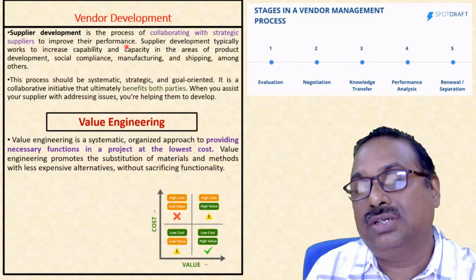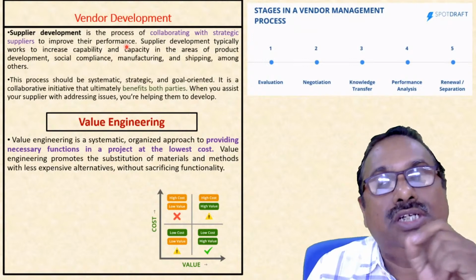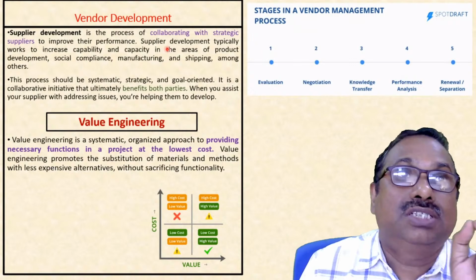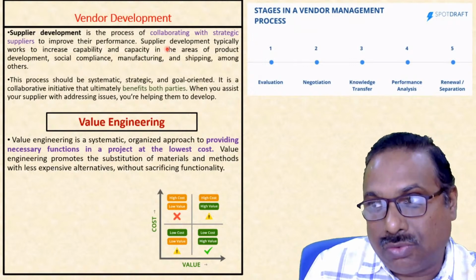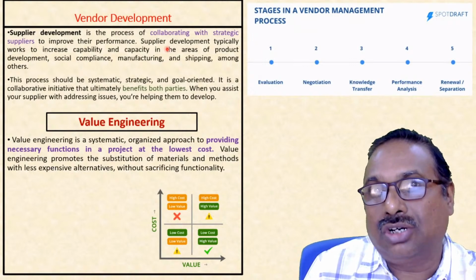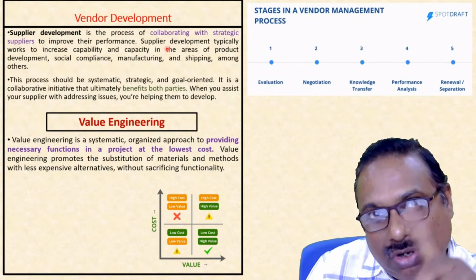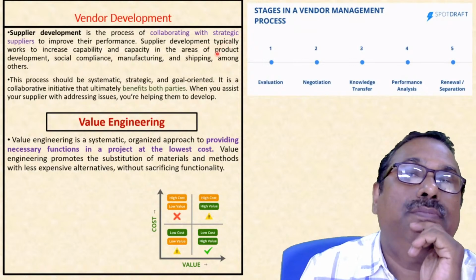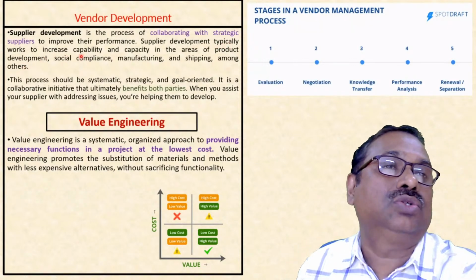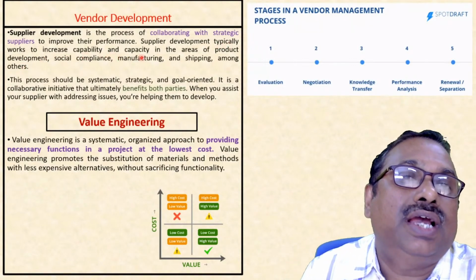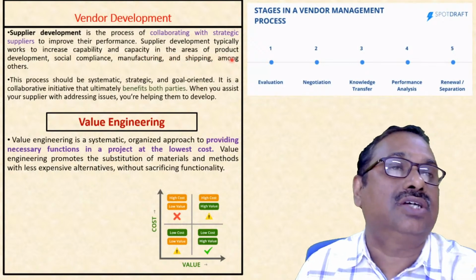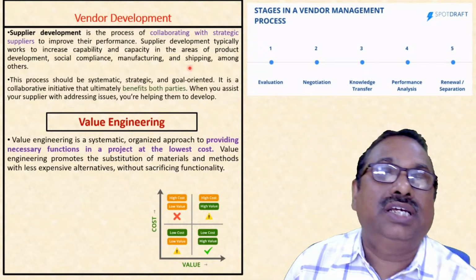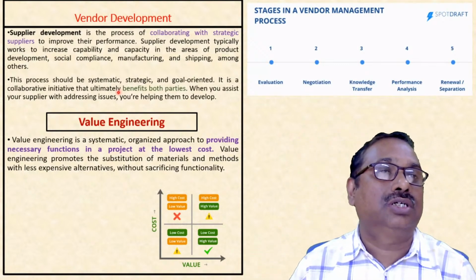Their performance will improve, which means it is also advantageous for you. That means the cost of the product, the cost of the raw material will decrease. The cost of the raw material will decrease means your return on investment will increase. So supplier development typically works to increase capability and capacity in the areas of product development, social compliance, manufacturing, and shipping, among others.